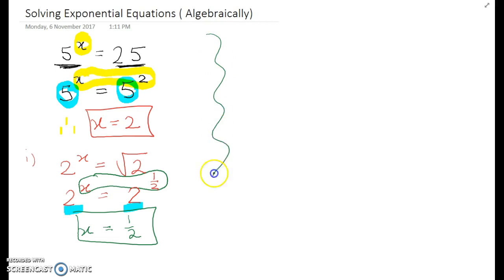Now, let's do a few more. What if we have, for example, 3 to the power of x plus 1 is equal to 1 over 27? Now, we don't have the same base, but we have 3 here, that's nice.